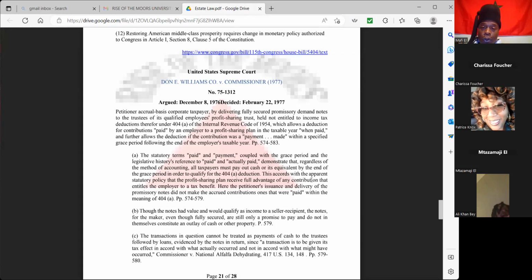This accords with the apparent statutory policy that the profit sharing plan receive full advantage of any contribution that entitles the employer to a tax benefit, where the petitioner's issuance and delivery of the promissory notes did not make the accrued contributions ones that were "paid" within the meaning of 404(a), right?